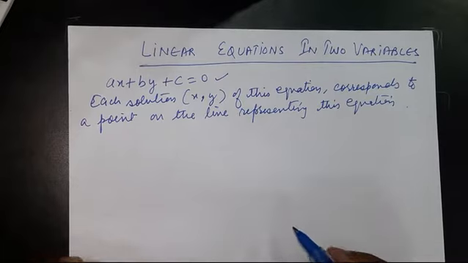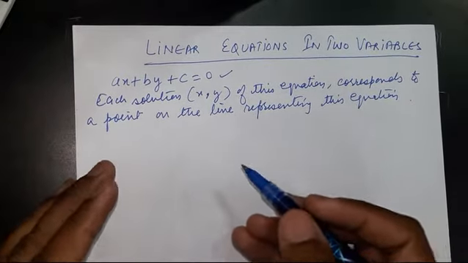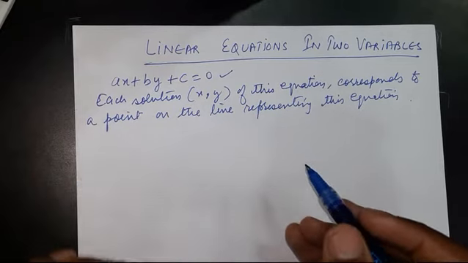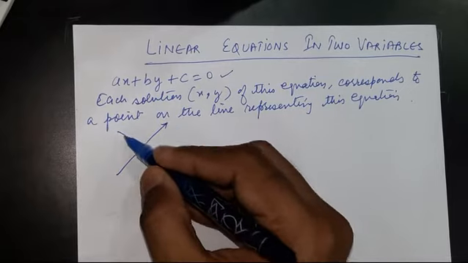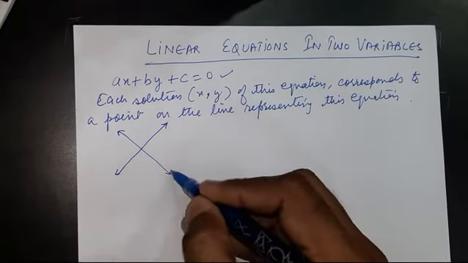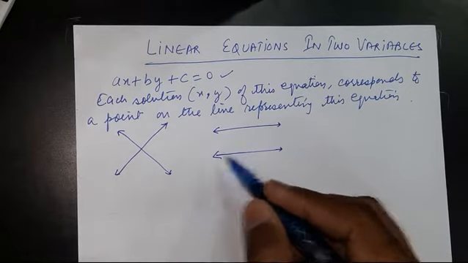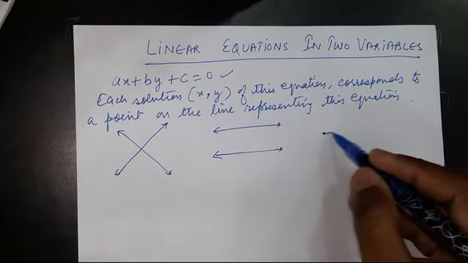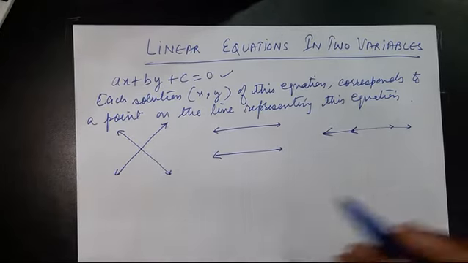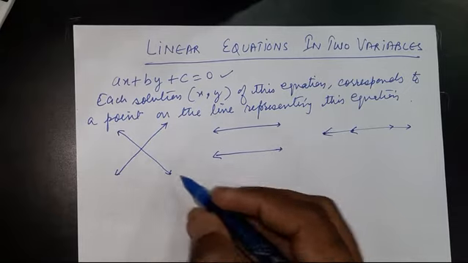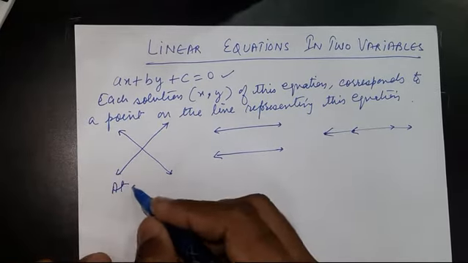So if you are having two equations, then you can solve these two equations using a linear graph. And this graph of two lines can most probably be of three shapes, as you can see here. First, the two lines are intersecting at a point.